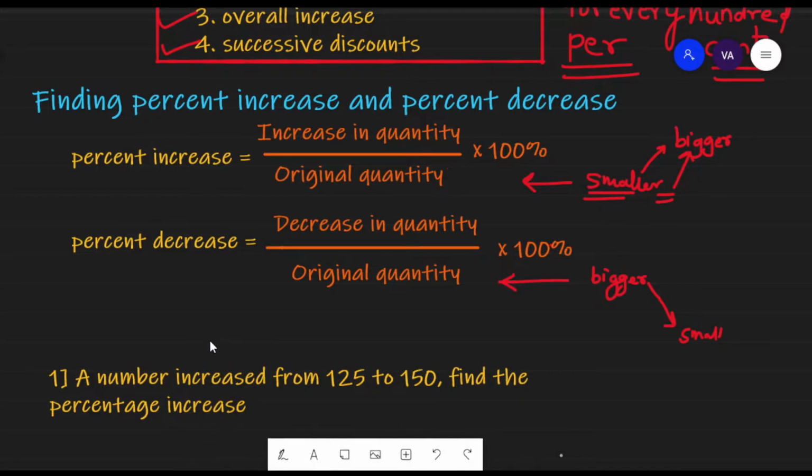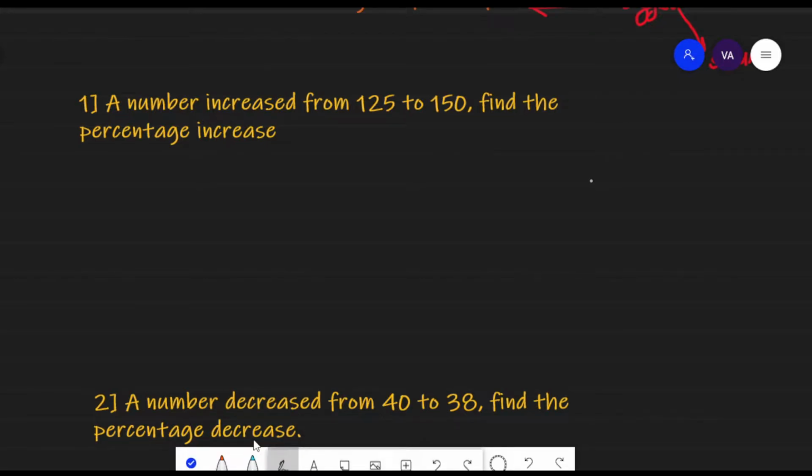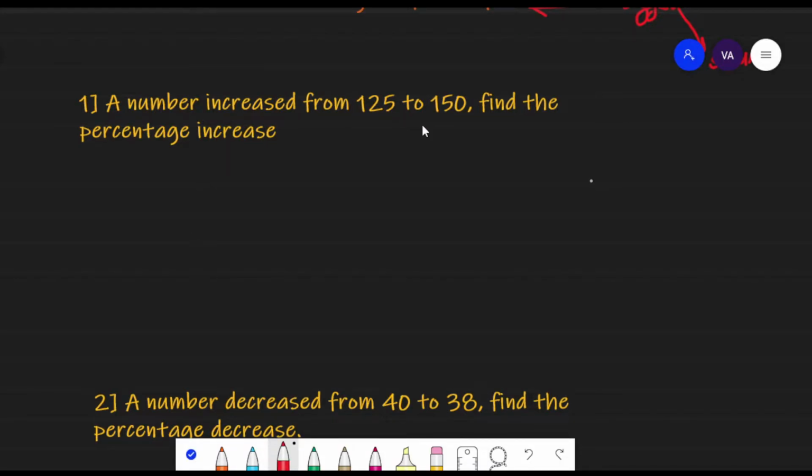Okay, let's see the problems directly. First problem: a number increased from 125 to 150. Find the percent increase. Our number was 125 originally and it has increased to 150. So our original quantity was 125, which is the smaller number in the case of percentage increase.